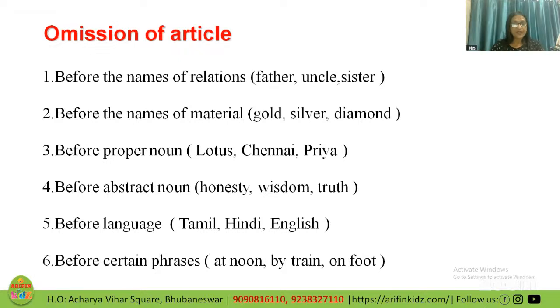Names of any person, your friend's name, like Tanvi, like Sushrita, like Reshmi, your father's, mother's, uncle's name, before them we don't use an article. Then materials like gold, silver, diamond, copper, iron, before them also we don't use an article. Then what else?